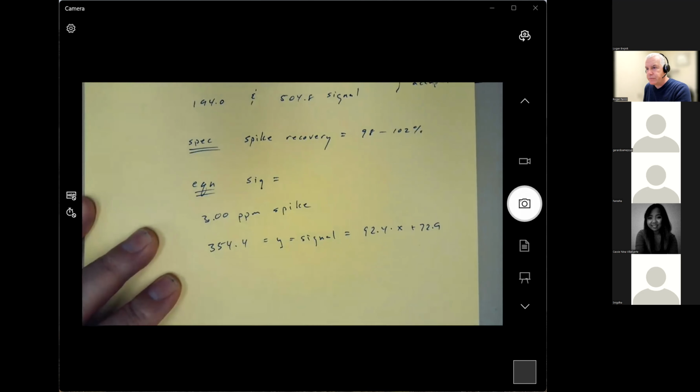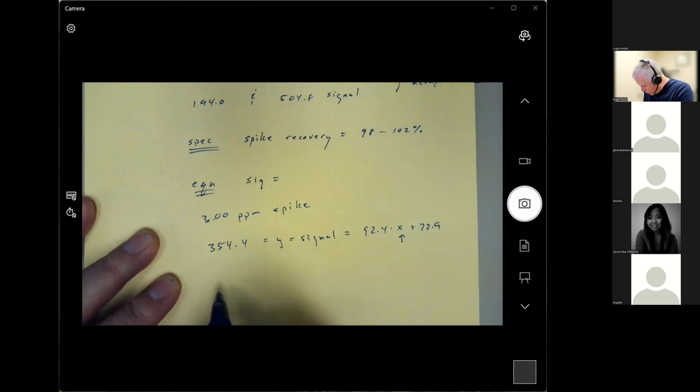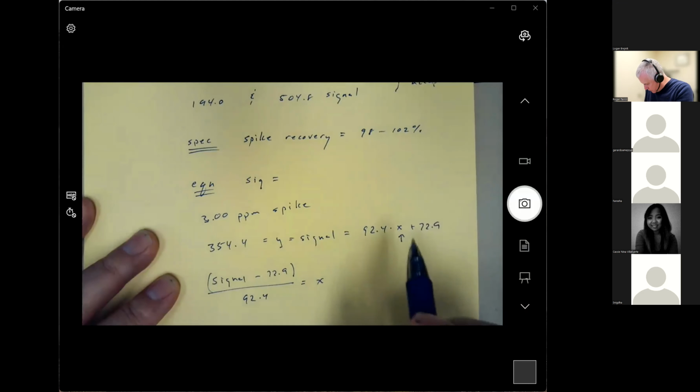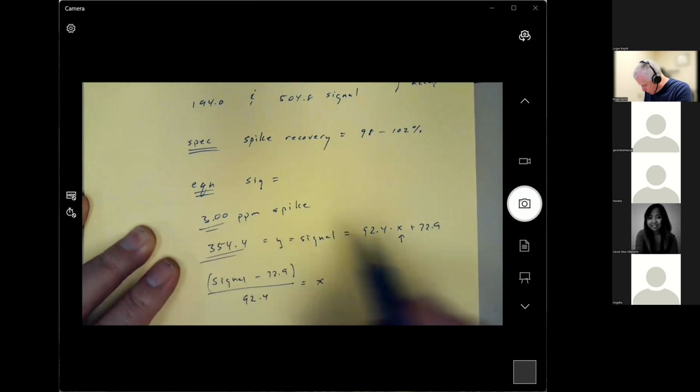And so now what we want to do is solve this for x, right? So we have signal minus 72.9 divided by 92.4 equals x, right? And we're going to put in the signal that we got with our 3 ppm spike here.